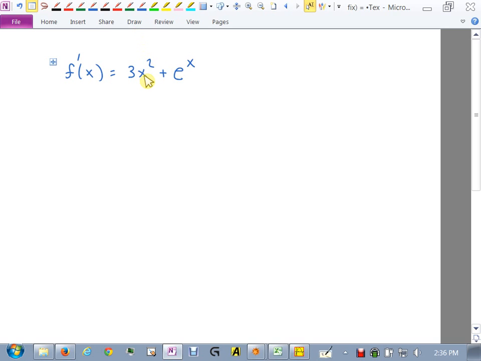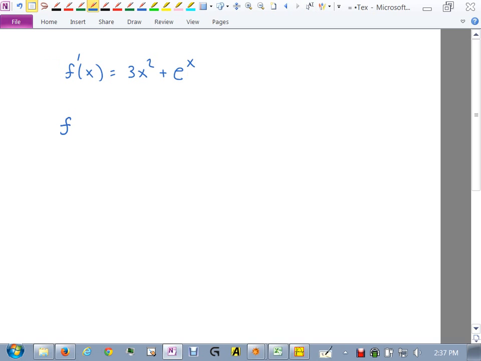Okay, this number right here, I don't care what x you plug in, is positive. E to any number is positive, right? So you're always going to have a positive number here plus a positive number here. So regardless of x, your derivative is always positive. Yes?